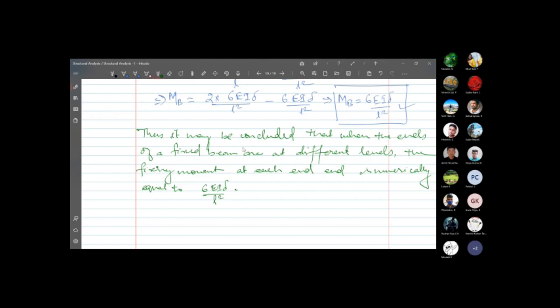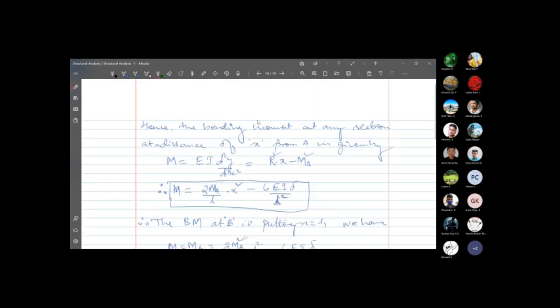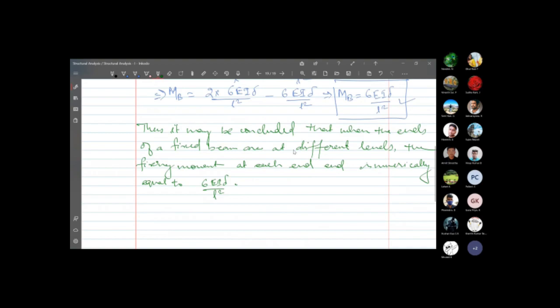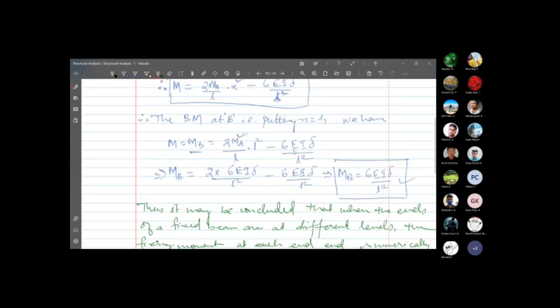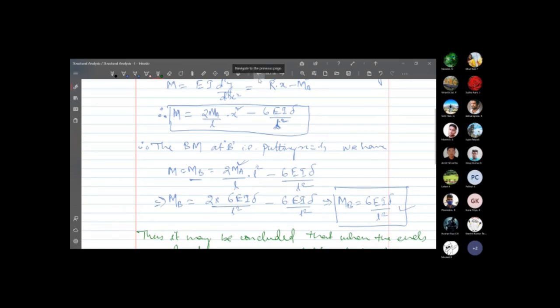Sir, we found that EI d square y by dx square is equal to Rx minus m. But later you wrote x square y, sir. Come again. Which equation?